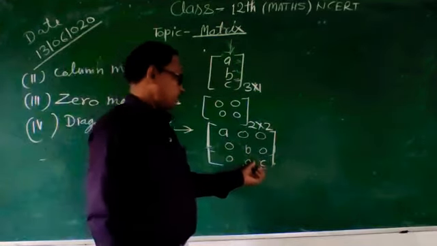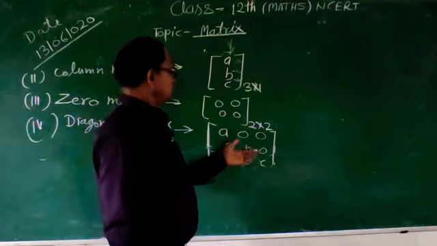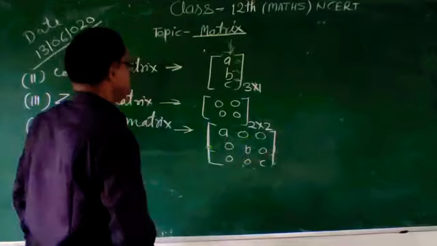Diagonal elements are present, but the other elements are found 0.